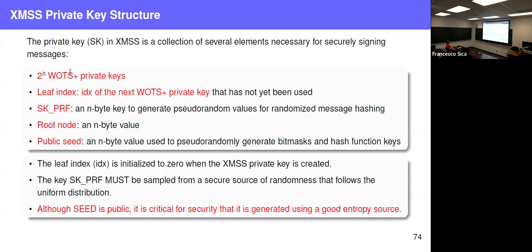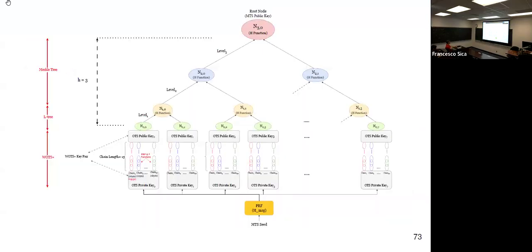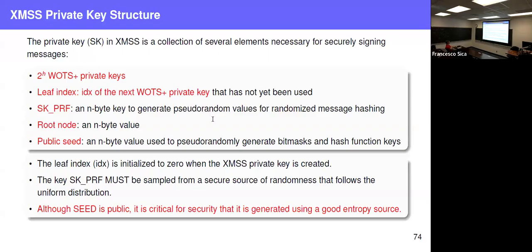This creates the XMSS private key. I already mentioned the tree hash algorithm. The root that I told you before is created from a starting leaf index and target height.